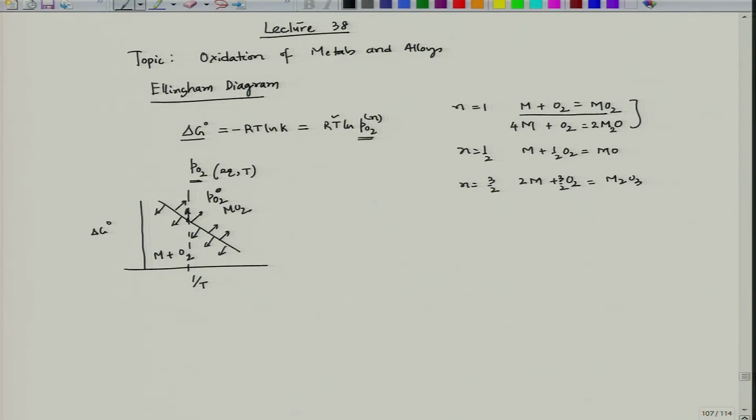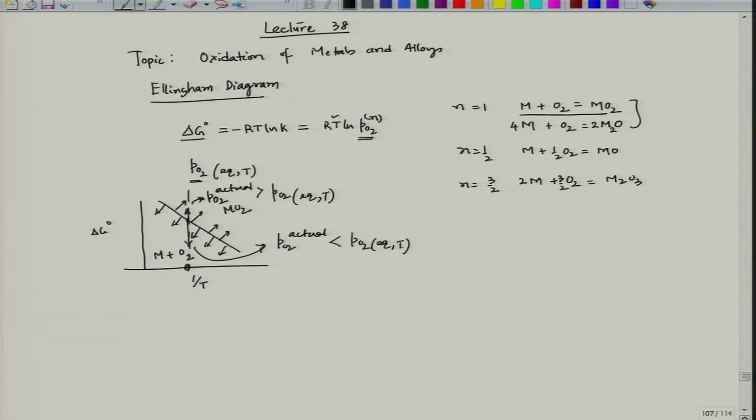If we go downwards, we have a situation where PO2 actual is less than PO2 equilibrium.